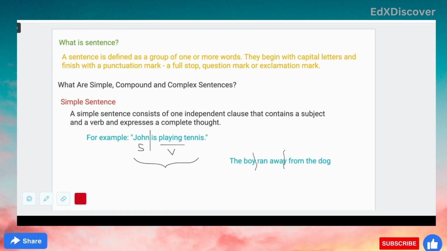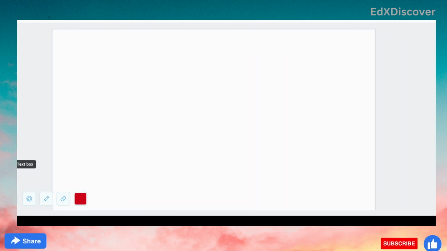Okay. So this is a subject and this is a verb and this whole thing makes a complete thought or complete sentence. Okay? Yes. Now the next one is compound sentence.